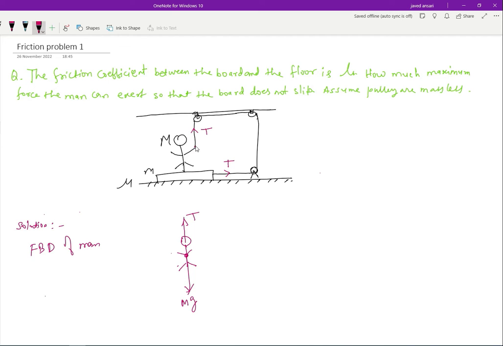So let's assume that plank is pushing the man upward with a normal force N. What else? Tension is working on the plank, right? So friction and this tension, I think we will consider once we draw the free body diagram of the small m. On the man, I don't think any other force is working. So T is upward, normal force is upward, and weight is downward.